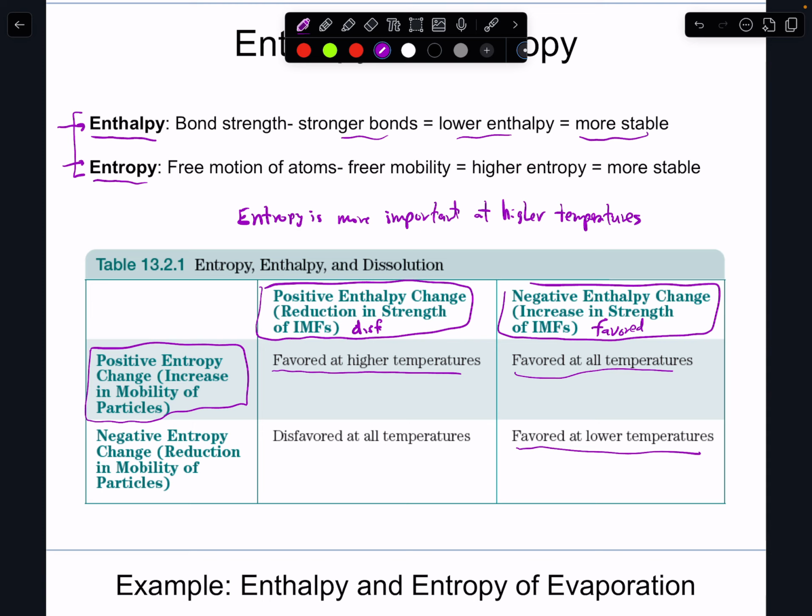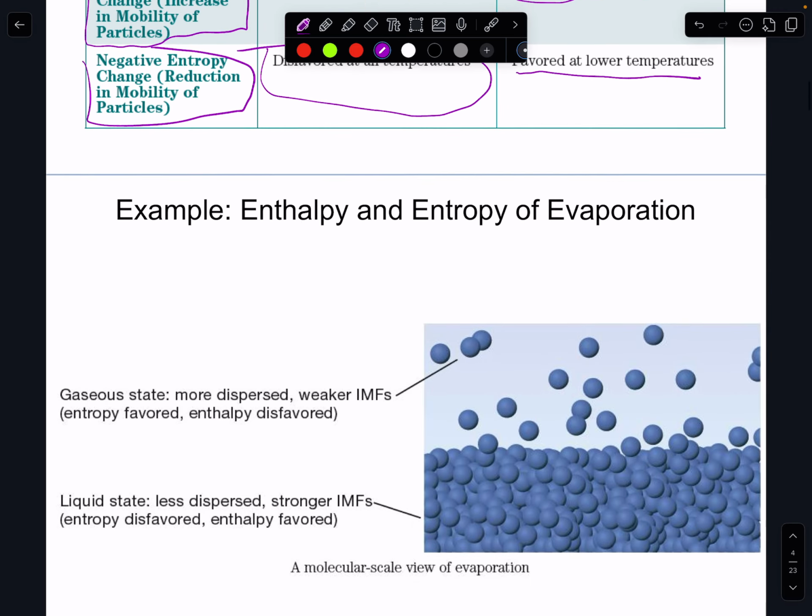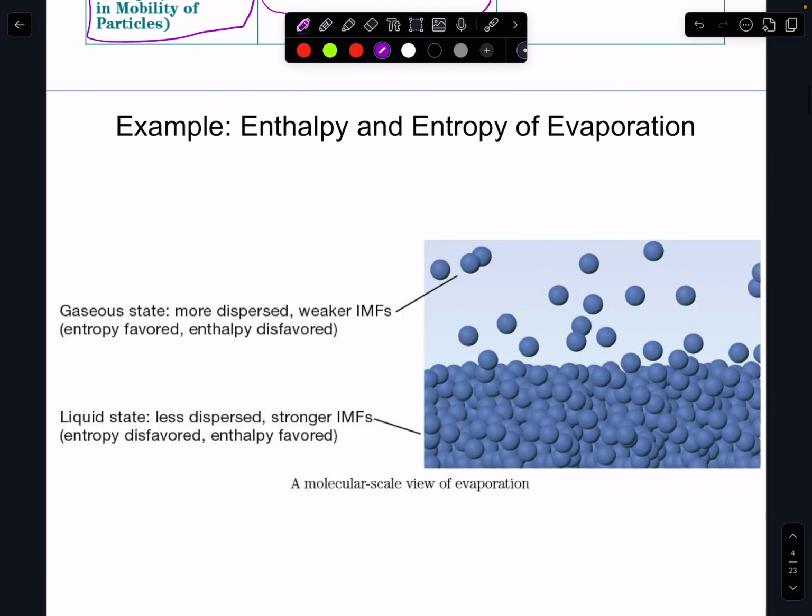And if something is disfavored by enthalpy and entropy, that is this quadrant down here, then it won't happen at any temperature. So let's look at an example. Let's look at just a simple enthalpy and entropy of evaporation. So you have a liquid, and in the liquid, there are IMFs, which are bonds. They're weak bonds, but they're bonds.